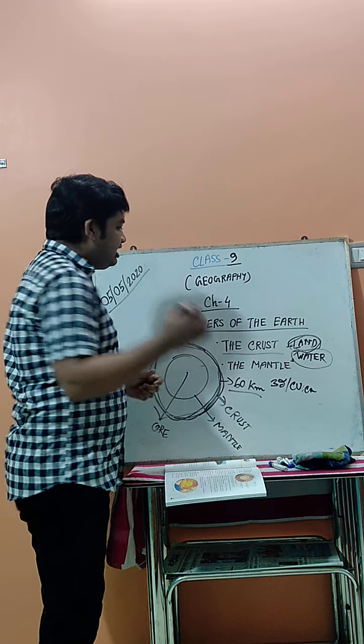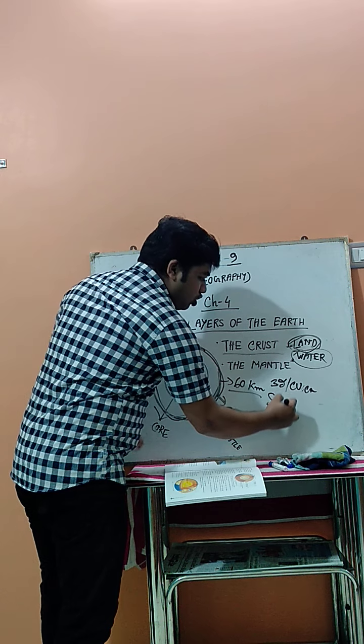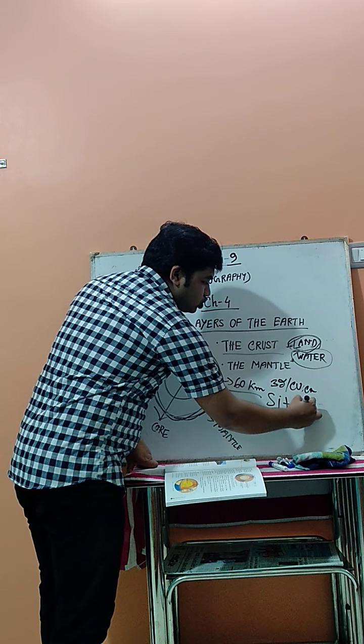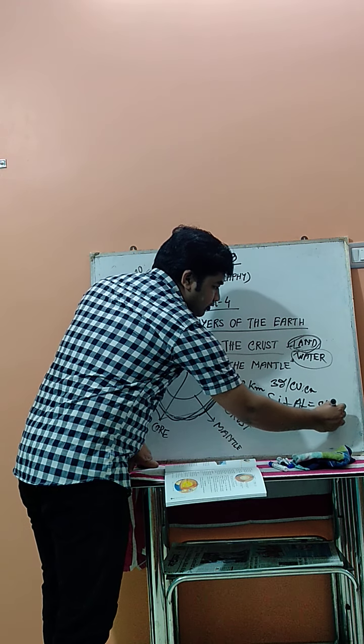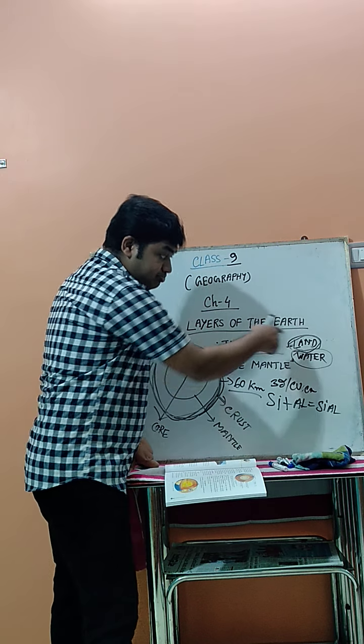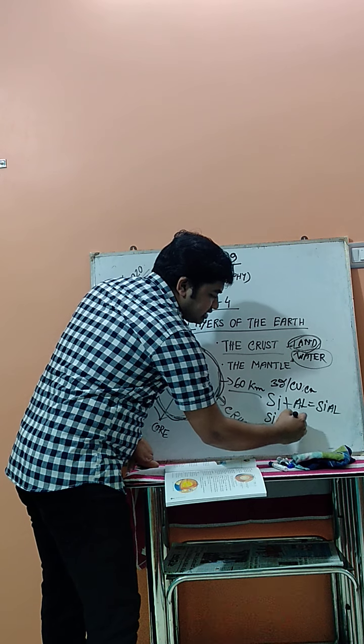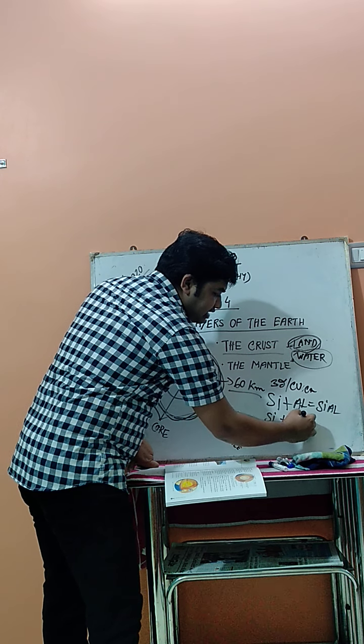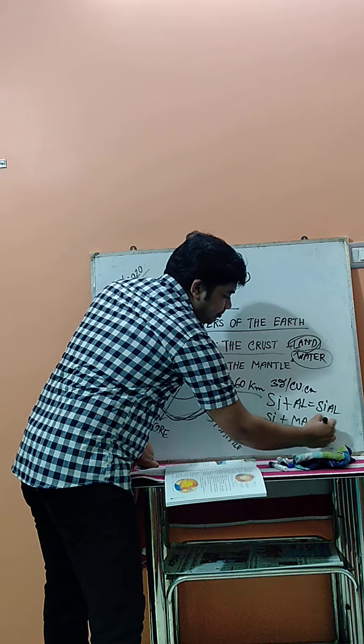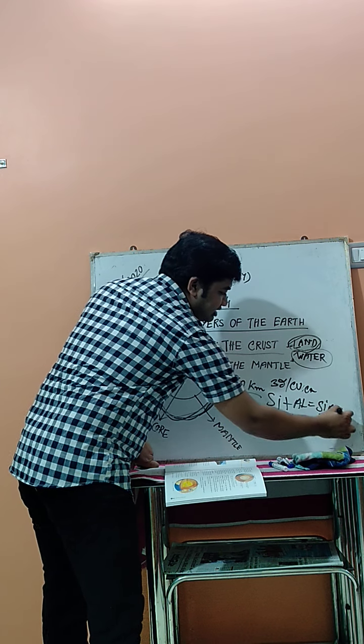And the oceanic surface is made of silica plus magnesium, so for that reason it is called SIMA. That is why we have Sial and SIMA.